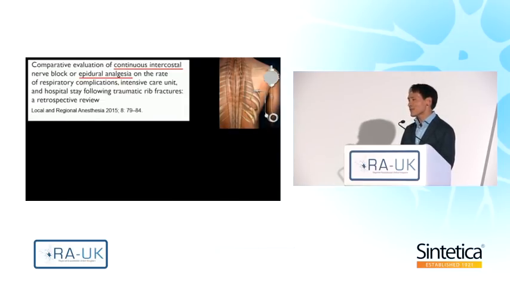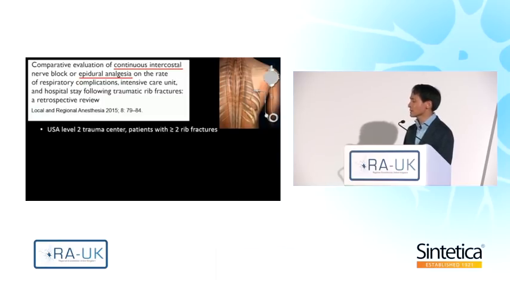More studies have actually come out on this. And again, perhaps because it comes out in less recognized journals and the titles being used don't draw attention. But this is actually interesting because they compared what they now call the intercostal nerve block with epidural analgesia.